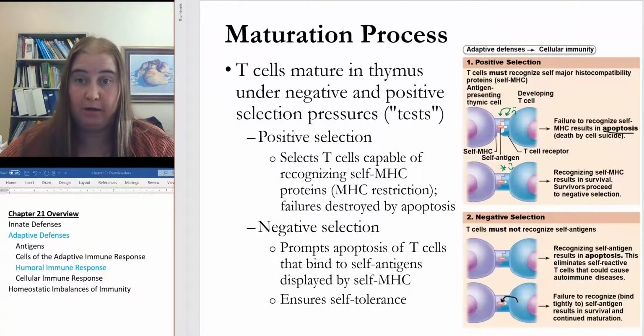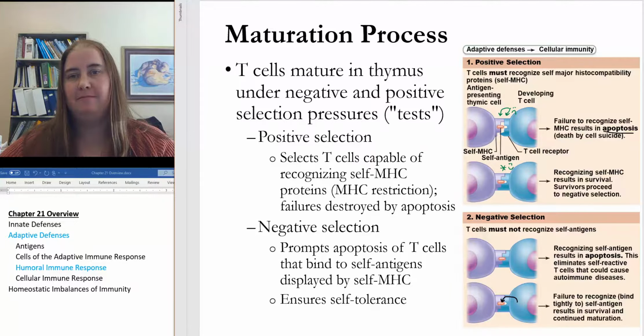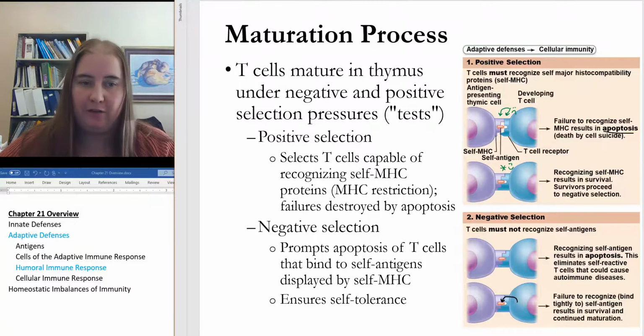We don't want to recognize that. So, if we don't recognize the self-antigen, we survive. However, if we do, so this is happy face, if we do recognize this self-antigen, which we see here, perfect fit, again, we undergo apoptosis.